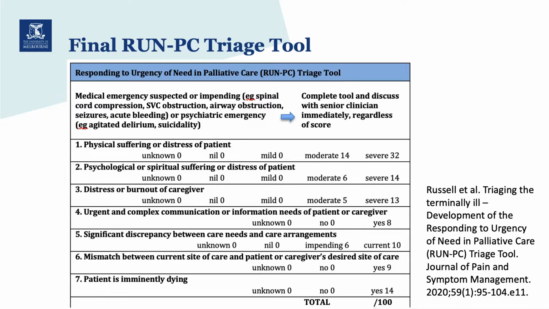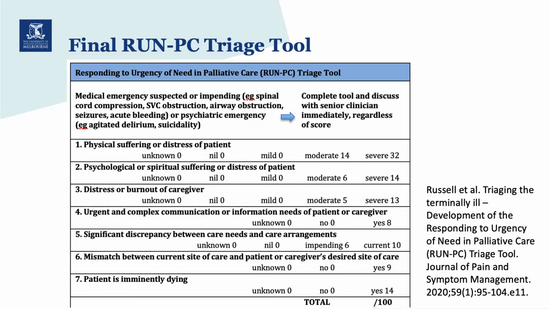So again, to maintain the face validity of the tool, so that clinicians didn't have to answer that there were no problems if they didn't actually know that there were no problems, rather than just having the nil and mild options, we added the unknown option, and that can serve as a prompt to the clinician to seek out further information with a plan to re-triage the client. But there really wasn't any scientific justification to giving that a score other than 0.